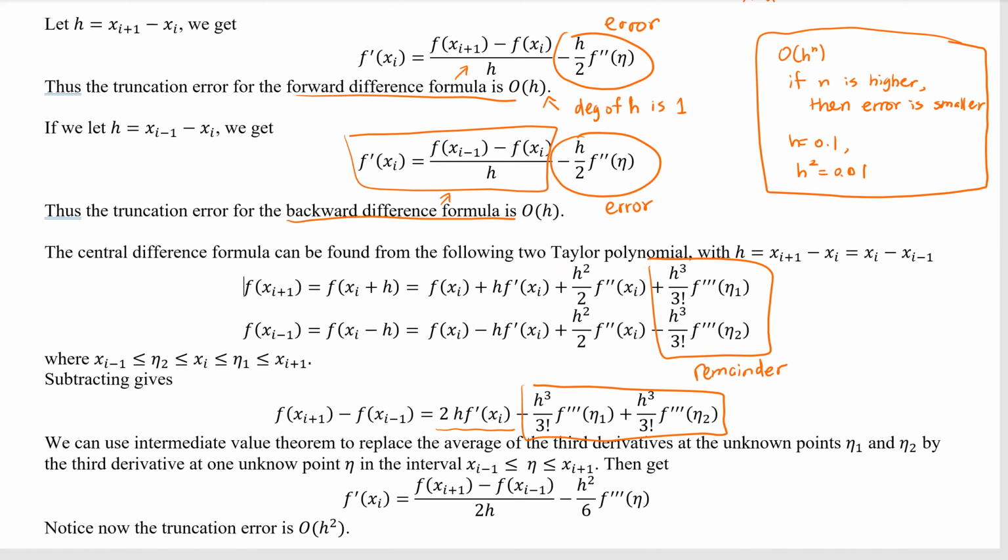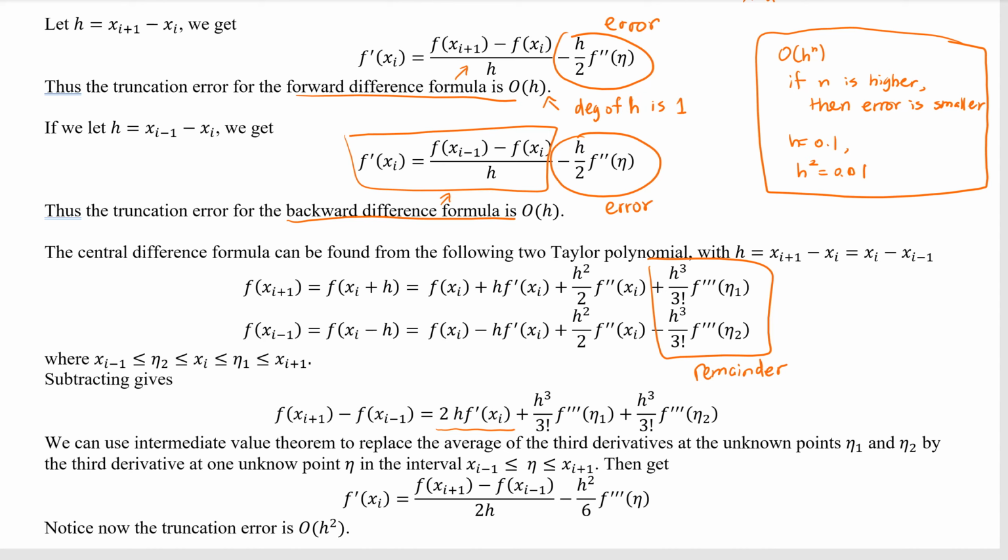So far so good, everybody? Alright, now we can use the intermediate value theorem to replace the average of the third derivative at the unknown points eta 1, eta 2 by the third derivative at one unknown point eta in the interval. That is by the intermediate value theorem.